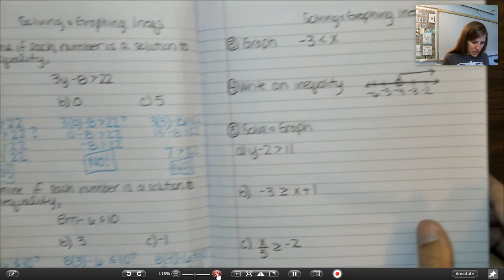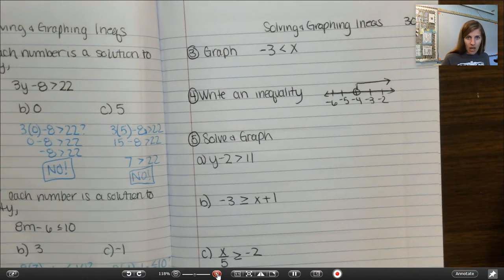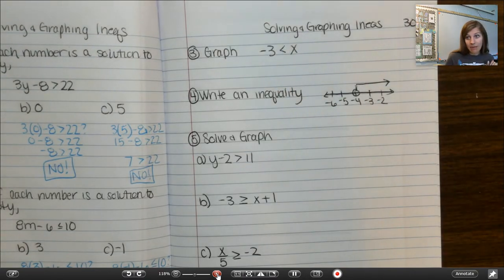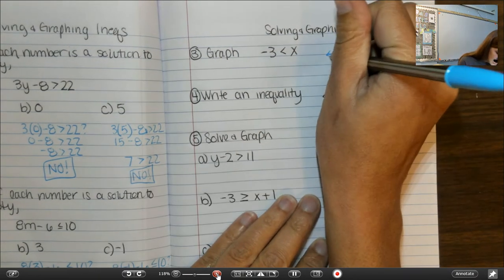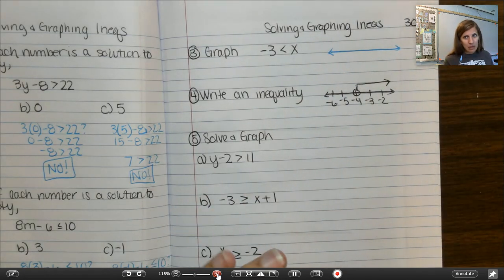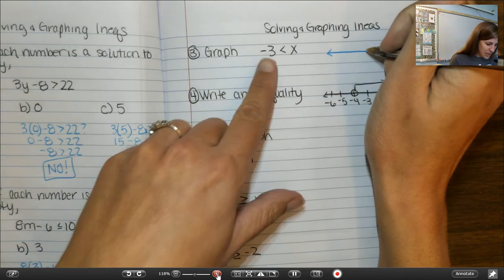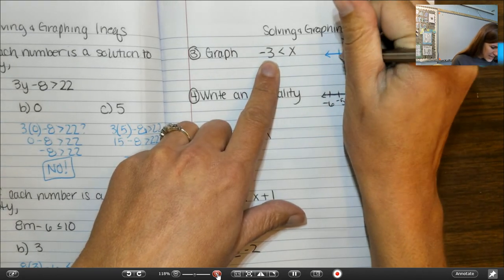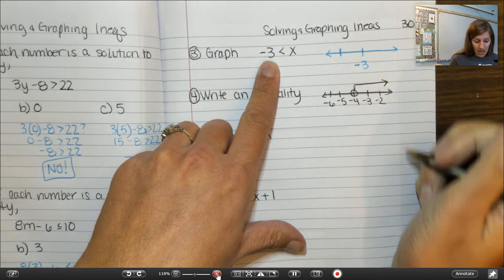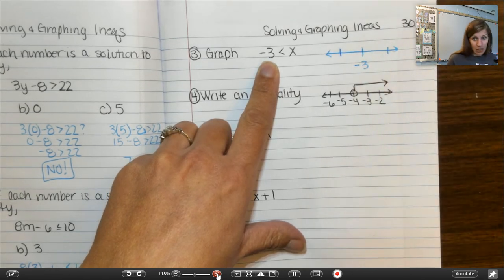Okay, some other ones to try. Maybe I just have an inequality and I want to graph it. So when we're going to graph, we want to graph on a number line. And I'm not super picky about number lines. Like, I usually just like you to put the number that they've given you, and then at least one number that comes before it, and at least one number that comes after it.